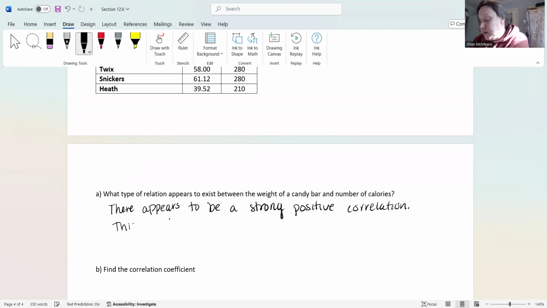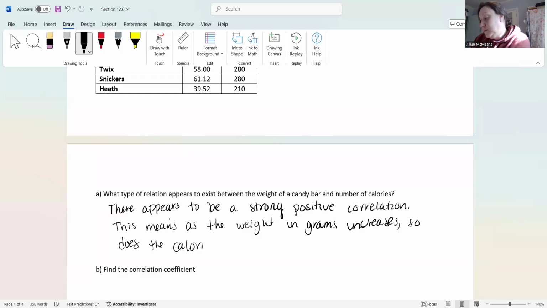This means as the weight in grams increases, so does the calorie count. So that's just kind of verbally what we saw from the scatter plot. We definitely saw as the X got bigger, so did the Y. There was a strong positive correlation between weight and calories, okay?